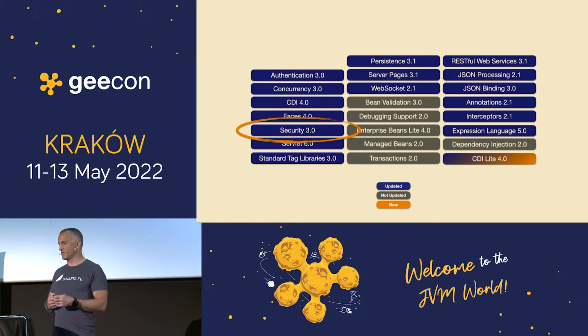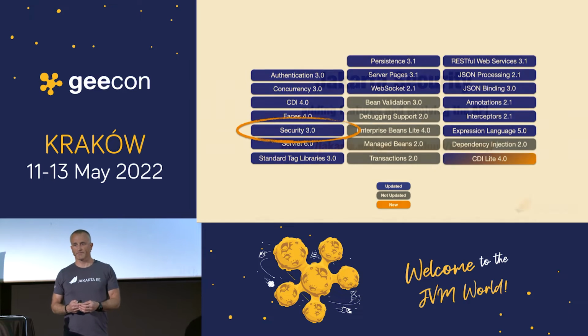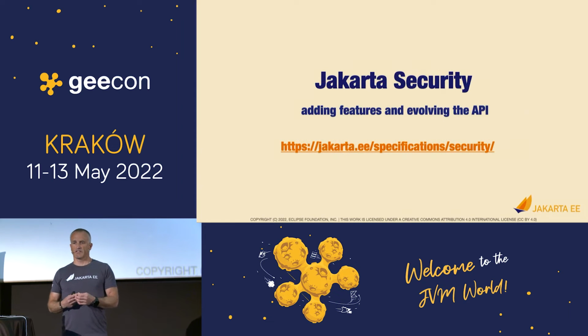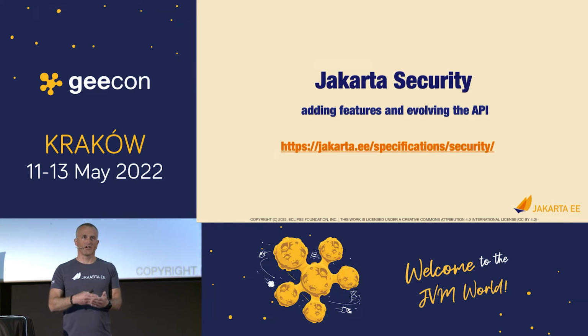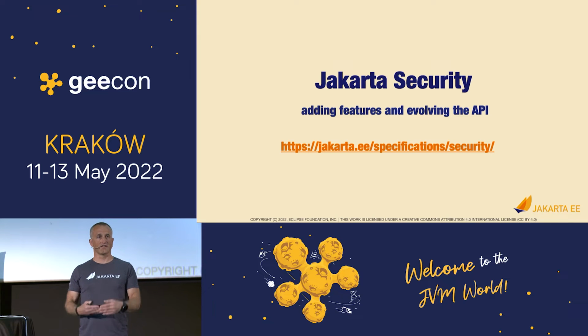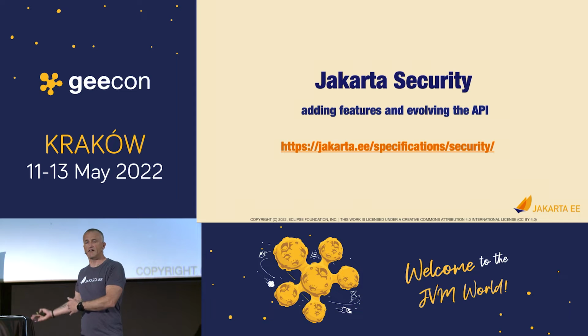I'm also going to go through a couple of these specifications in the web profile, and I'll start with security. Jakarta Security has been around since Java EE 8, and they are adding functionality so the application developer can configure the application in a secure way and add security without relying on anything outside or doing any proprietary configurations.